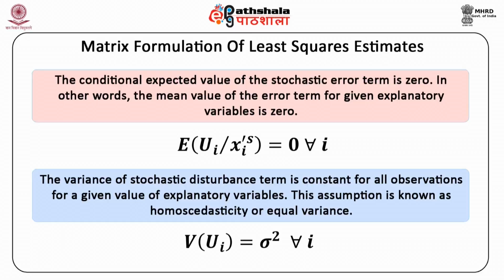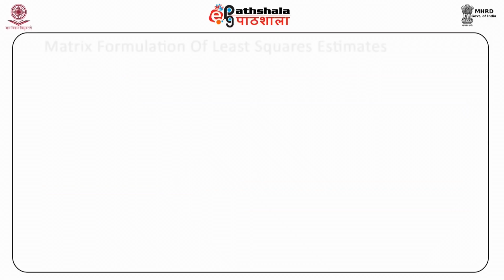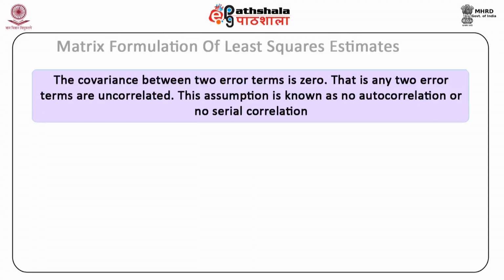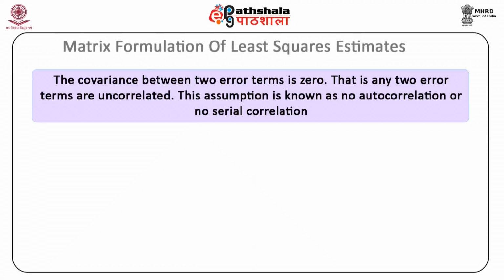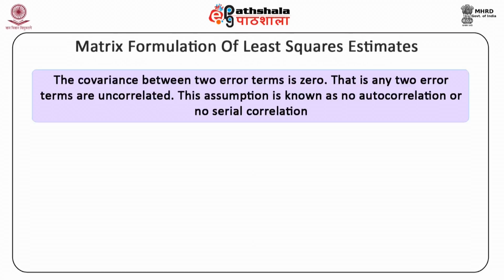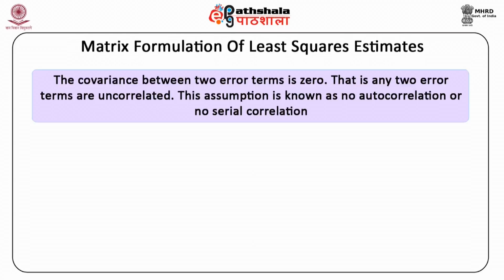We have other assumptions also which we would discuss subsequently. Another assumption is that the covariance between two error terms is 0. That is, any two error terms are uncorrelated. This assumption is known as assumption of no autocorrelation or no serial correlation, and this can be written as covariance of ui and uj is equal to 0 for all i not equal to j.